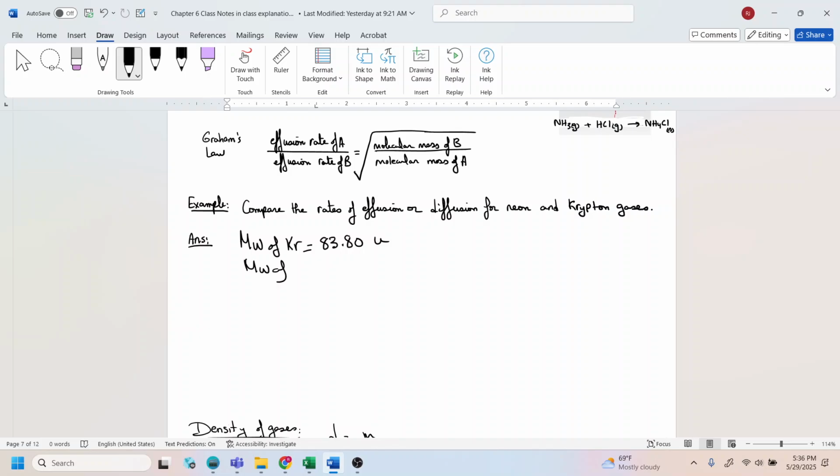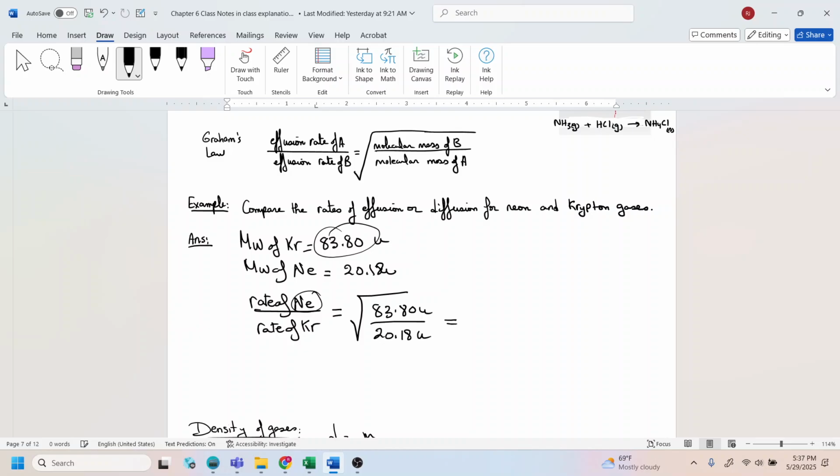And the molecular weight of neon is 20.18 atomic mass units. So the rate of neon divided by the rate of krypton is equal to the inverse of the molecular weights. Since I started with neon, I have to start with the molecular weight of krypton. So that is 83.80 divided by 20.18, under a radical, and that is equal to the square root of 4.153.